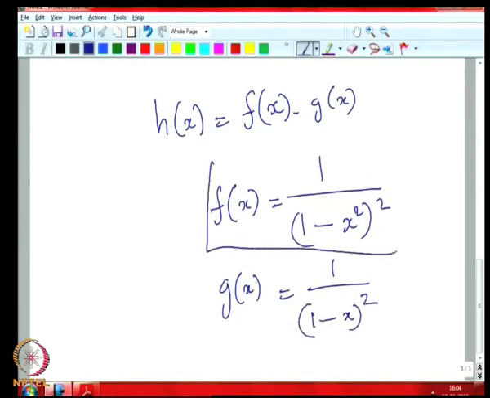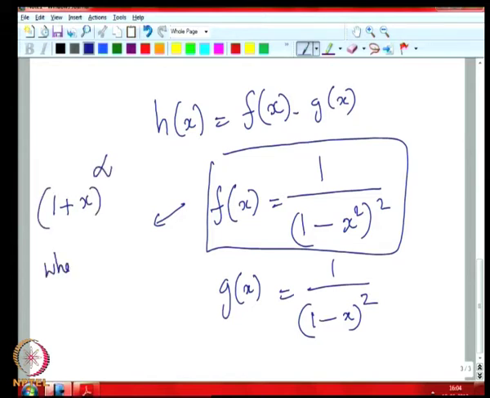For both of these we know how to get the expansion, because this is of the form (1 plus y) raised to alpha, where alpha is equal to minus 2. So, instead of y we have to use minus x squared, that is all, right. We use a substitution like y equal to x squared, and wherever y raised to i appears you substitute minus x squared for y. That will give you the expansion of this thing, right.